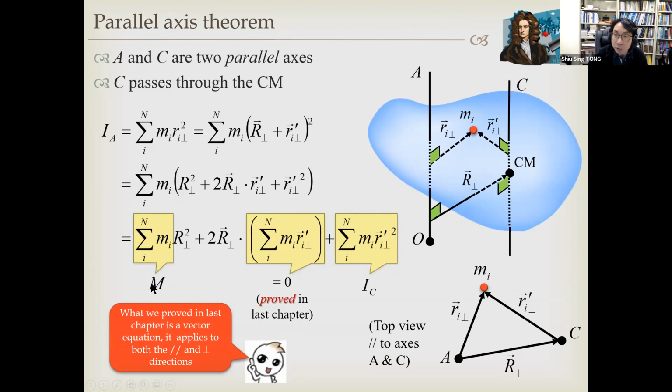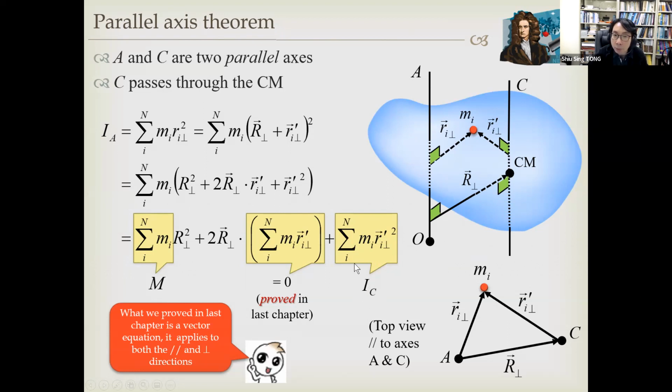So summation Mi is just capital M. And the last term here is just the moment of inertia about axis C, because I now have summation Mi Ri perpendicular prime squared, right? That is the definition of the moment of inertia about axis C.